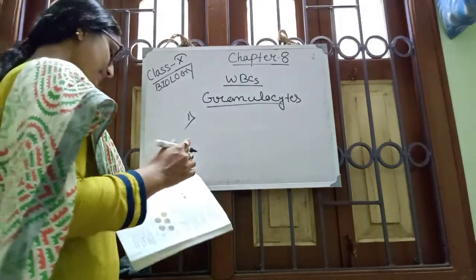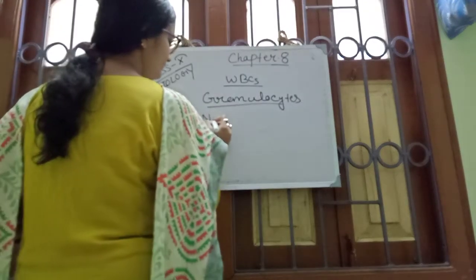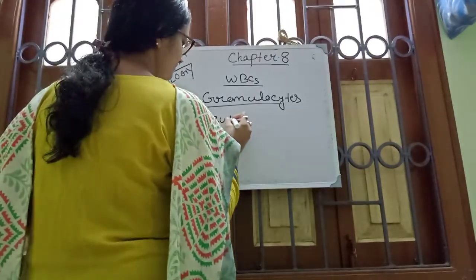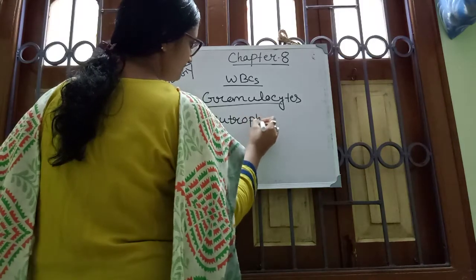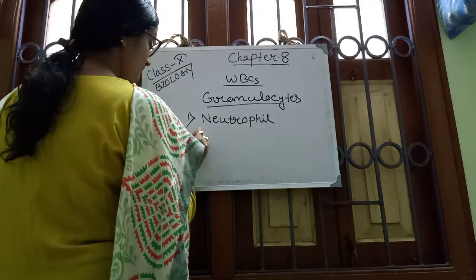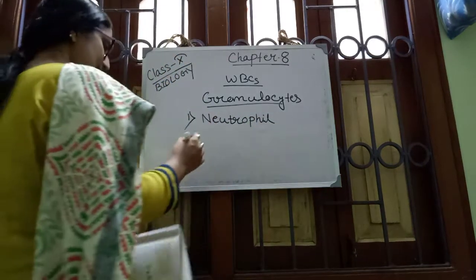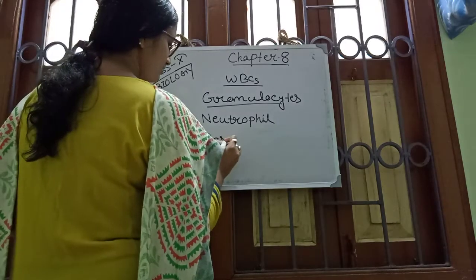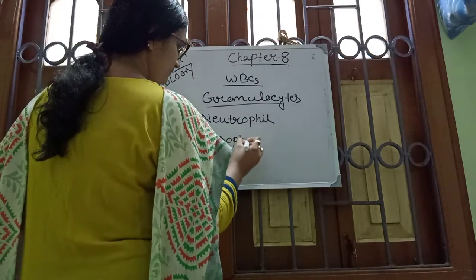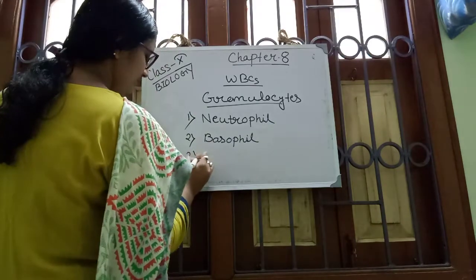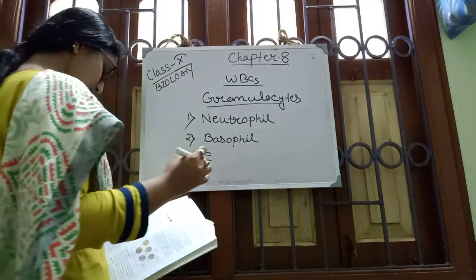There are three types: neutrophil, basophil and eosinophil.